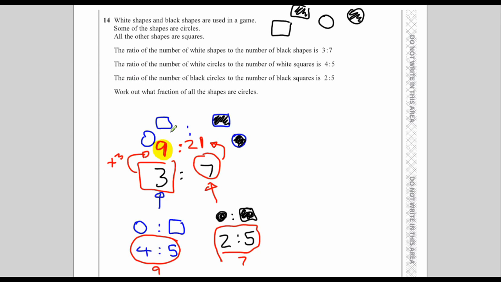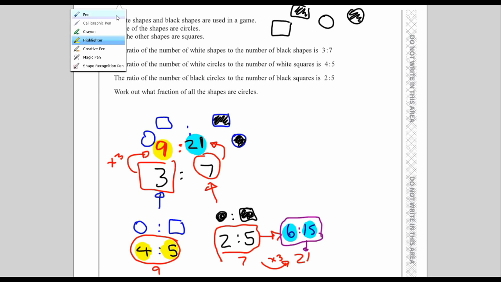So your 9 is split as 4 and 5. And now we want the 2, 5 to be out of 21. So again, times by 3. 2 times 3 is 6, 5 times 3 is 15. These are now adding to give you the right thing. And the 7, so the 21, is now made up of your 6 and your 15. I hope you're following this because it's quite tricky.